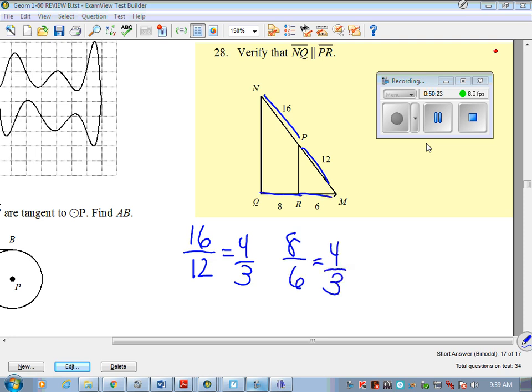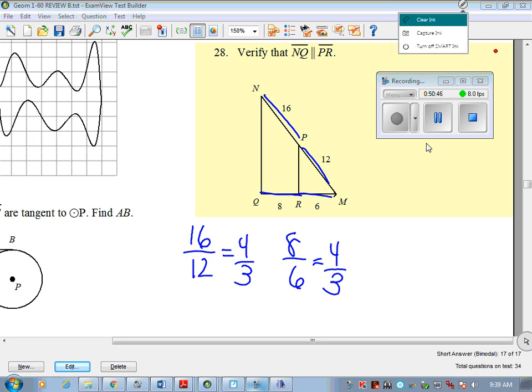Okay, QR over RM is equal to 4/3. So since NP over PM is equal to QR over RM, NQ is parallel to PR by the converse of the triangle proportionality theorem. I'm not going to write all that down, but you want to listen to this so that you know what the answer actually is going to come out to.